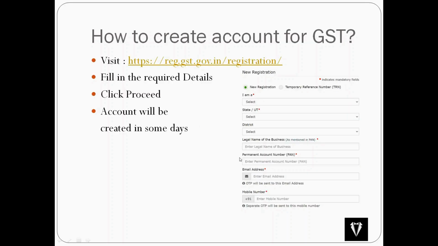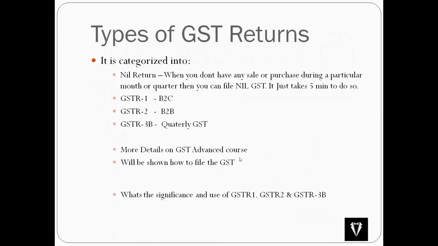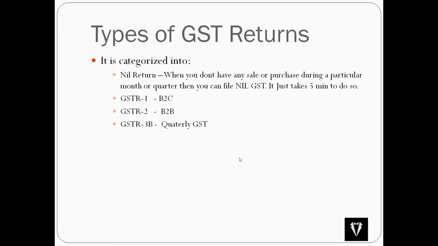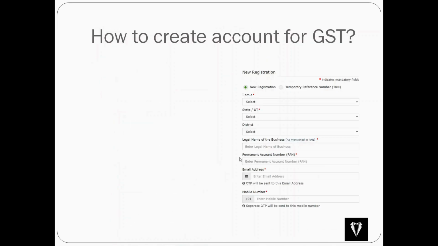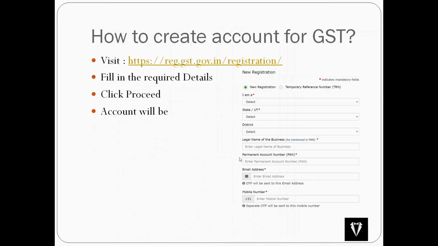I told you in the previous slides also that after registering, how will you track your progress? So this is the temporary reference number where you can track your progress, where your account is under which state, or if there are some issues in the account.